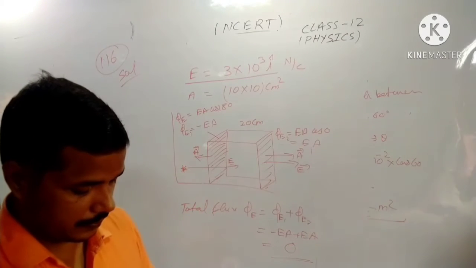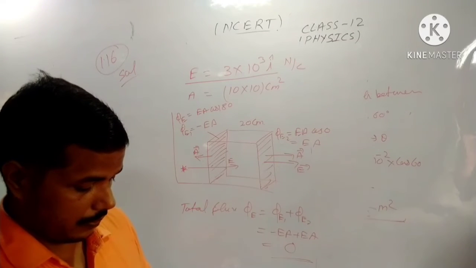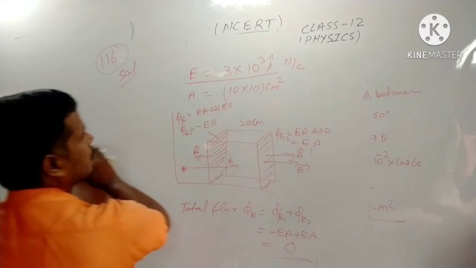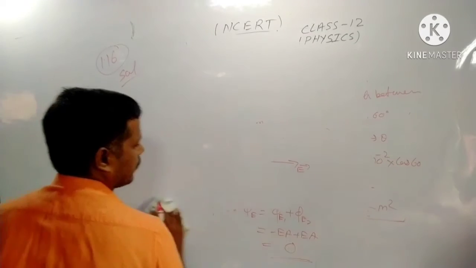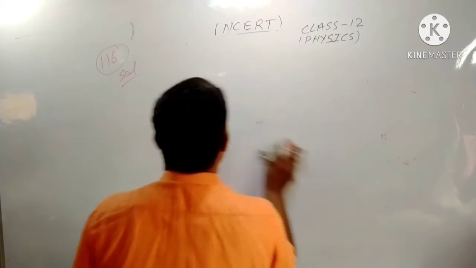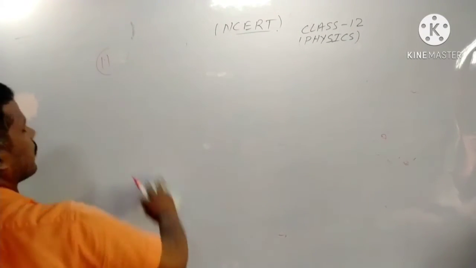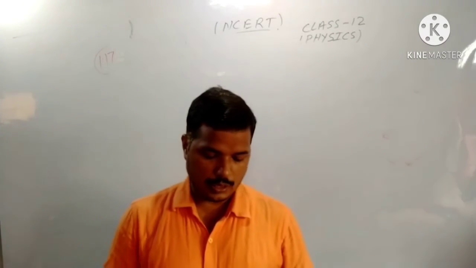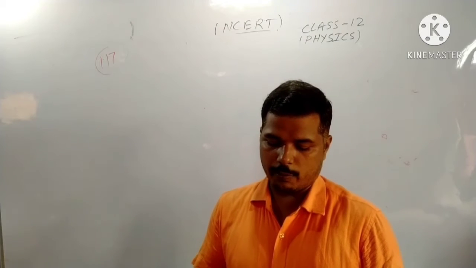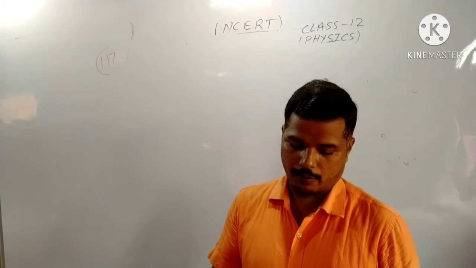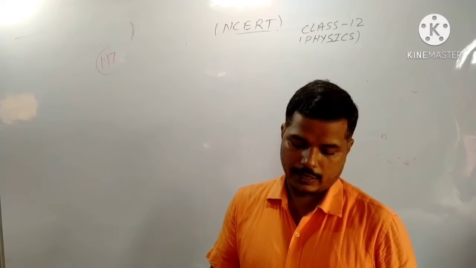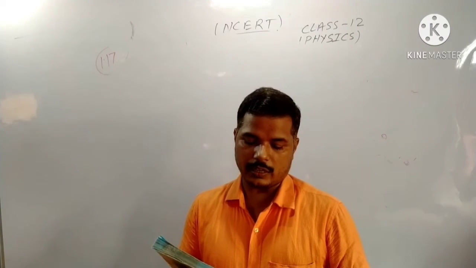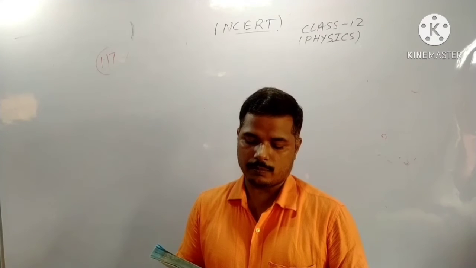Now the next question is 1.17. Question is, careful measurement of electric field at a surface of a black box indicates that the net outward flux through the surface of the box is 8 into 10 power 3 Newton meter square per coulomb.